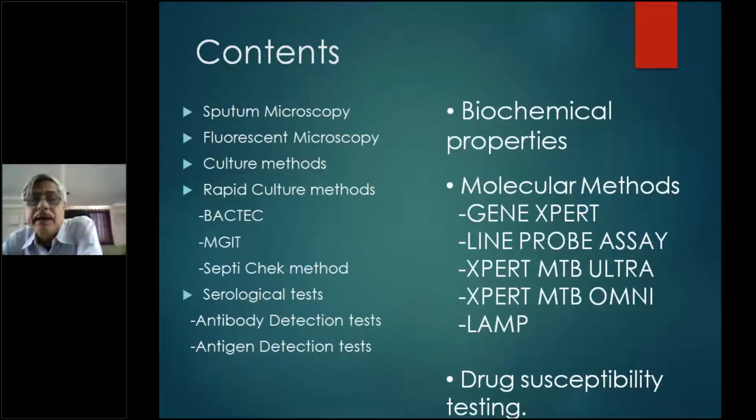That is known as CBNAAT, or Xpert MTB/RIF. The Xpert MTB/RIF test is routinely done here also. It takes 2 hours, PCR gives results within 2 days, BACTEC in 1 to 2 weeks, MGIT in 2 to 3 weeks, and routine culture in 6 to 8 weeks. That's how it goes.